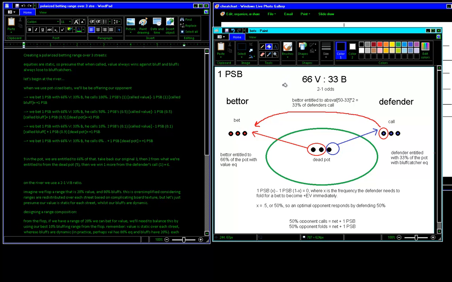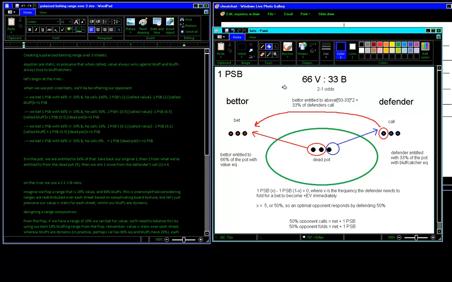Okay, so let's pretend that we're on the river. The river is the most important street in poker for obvious reasons. It's likely to be where the pot is bloated the most, given the prior streets, and the success of your decisions will be proportional to the net result relative to the pot size.